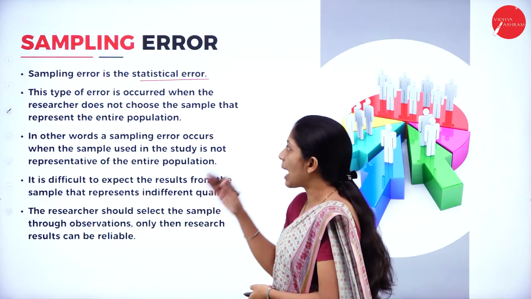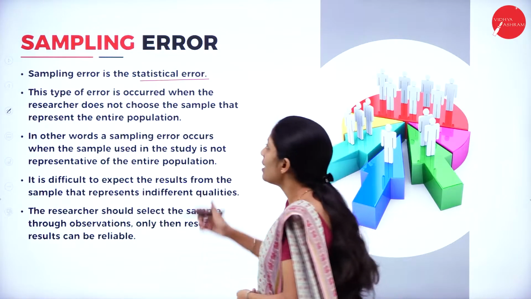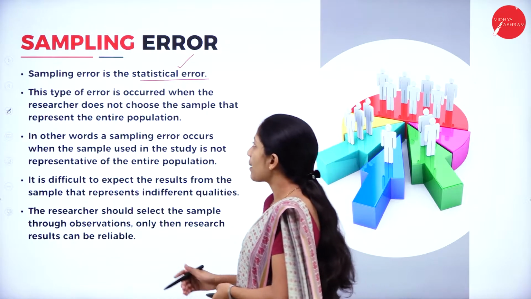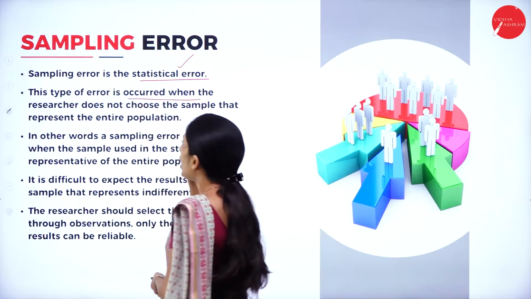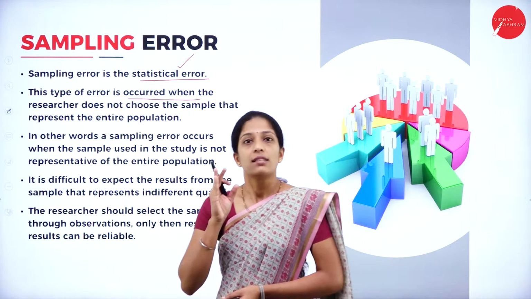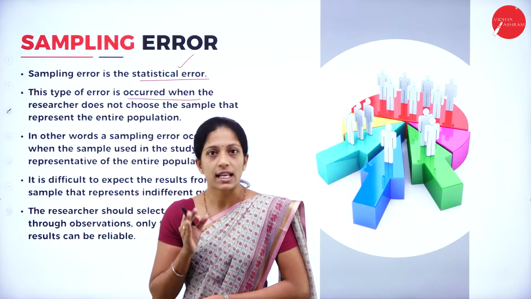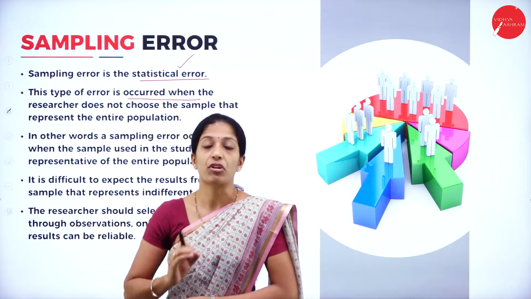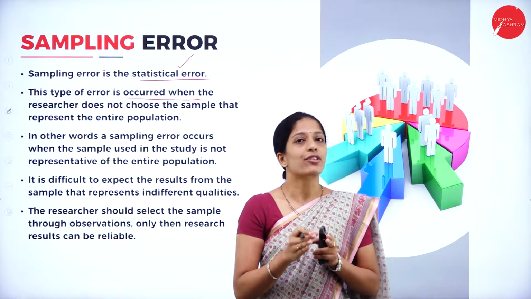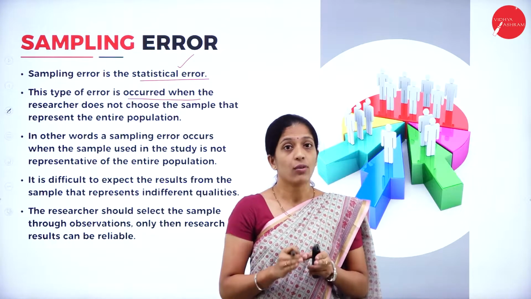Now what do I mean by sampling error? Sampling error is a statistical error or a statistical mistake. This type of error occurs when the researcher does not choose the sample carefully. I have told you, selection of a sample is not an easy task. Here the researcher has to be very careful while selecting the sample. Suppose the selection of the sample is wrong, then what happens?